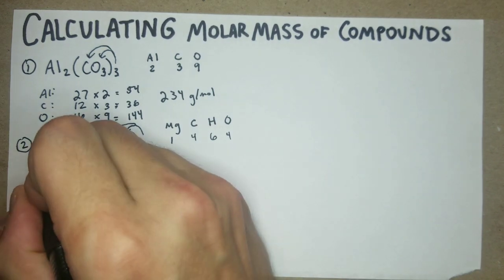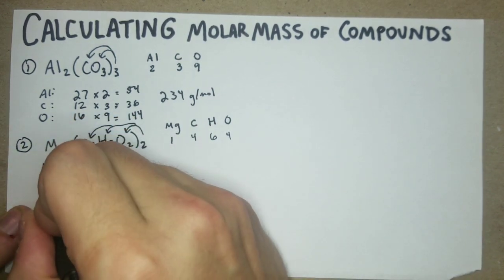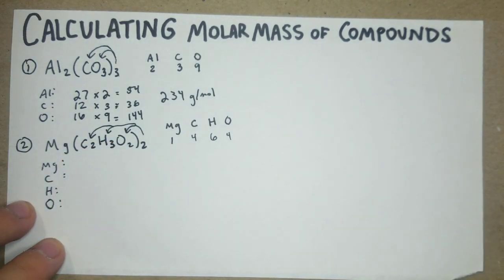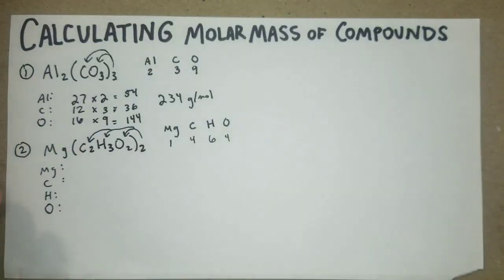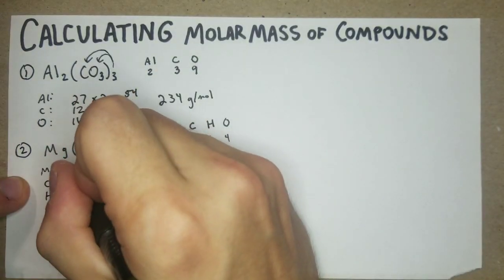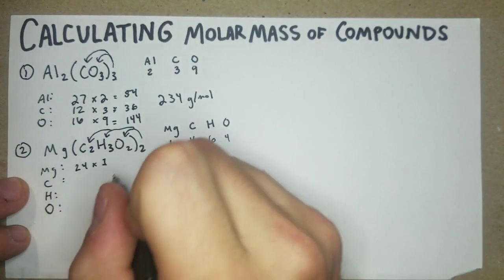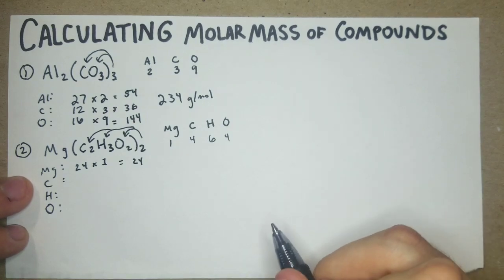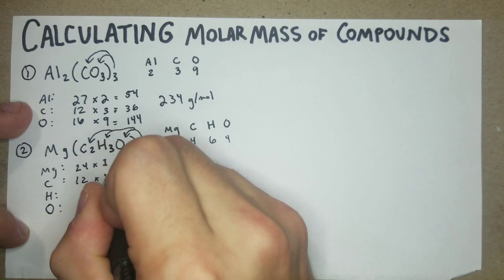And we'll just go back through just like we did for the last one: Mg, C, H, O. For magnesium, that is 24.3. We'll just round down to 24 times 1. Now for carbon, we have 4. Up here we wrote 12, so we'll do 12 times 4.